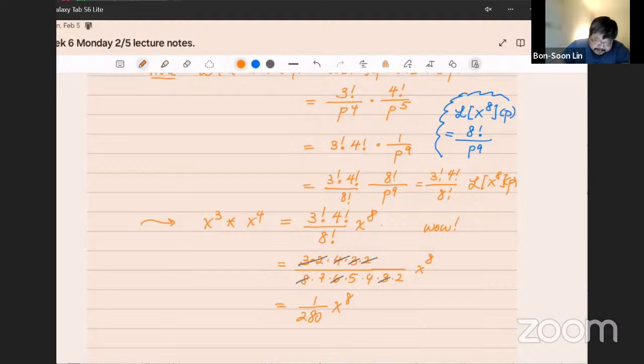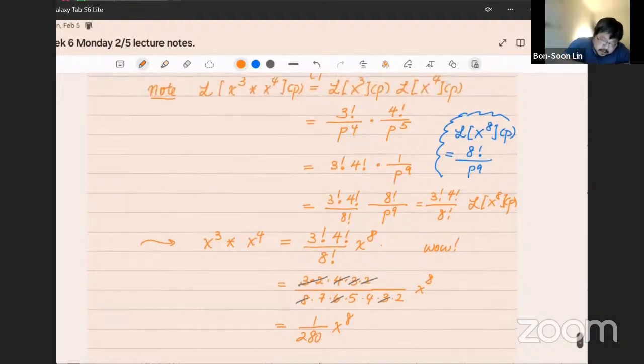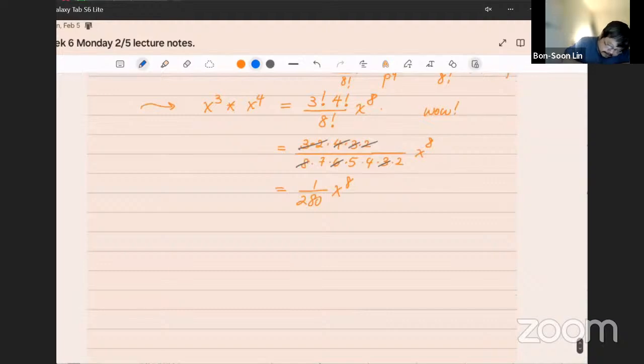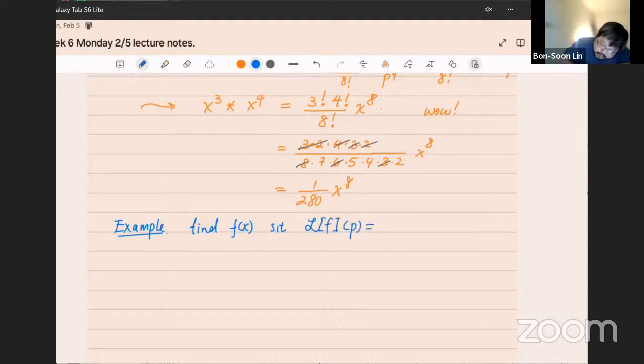So far, so good. Let's calculate another convolution, just for kicks. Let's say we want to find some function f of x such that its transform is equal to, what about 1 over p times p squared plus 1?